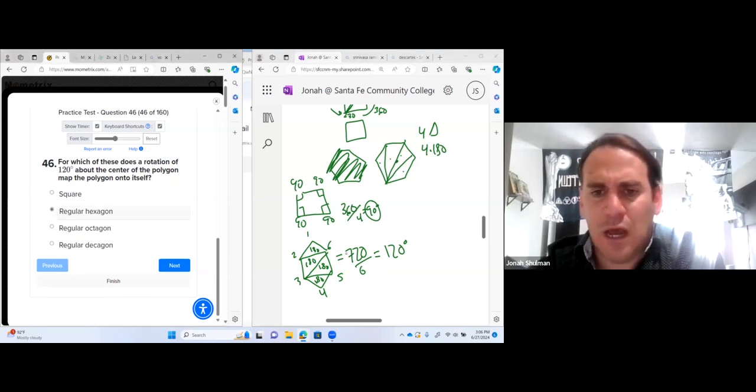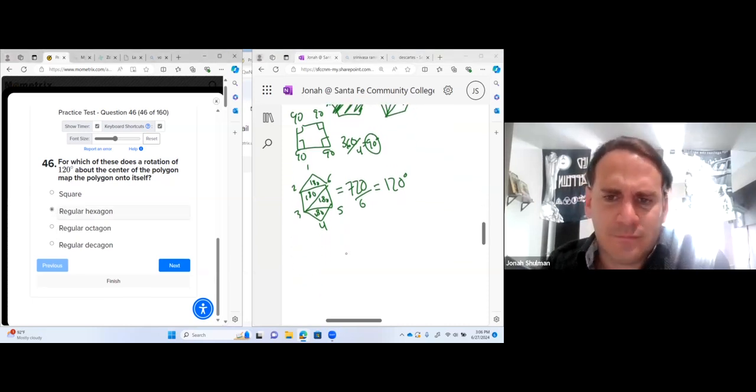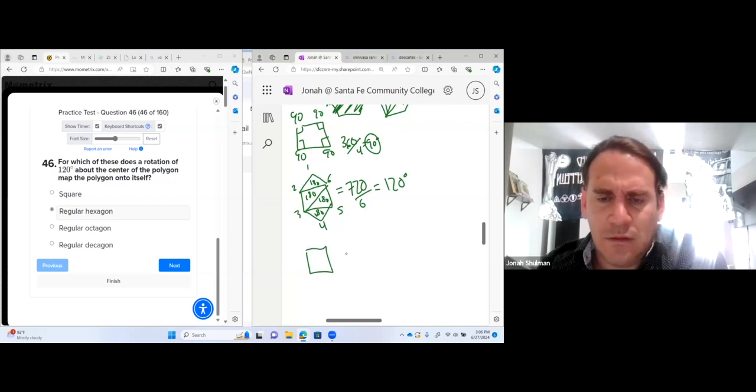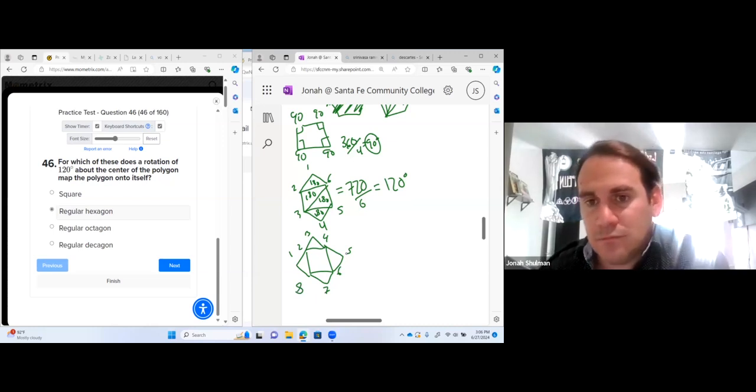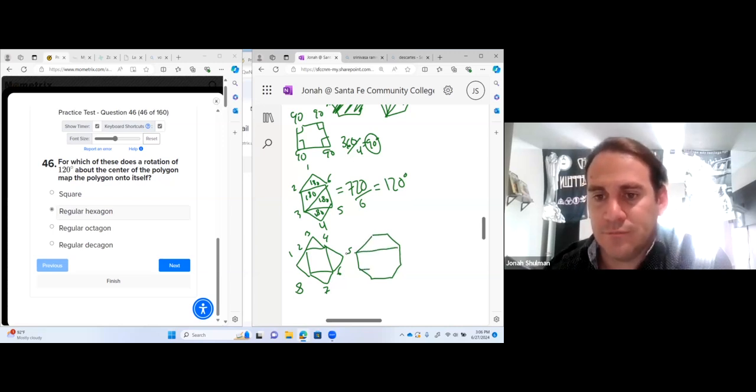I'll do the same thing with the octagon. I'm just adding some more triangles to it. So there's my 8. We know it should look like a stop sign, but cutting it into triangles is hard, right? One, two, three, four, 5, 6.